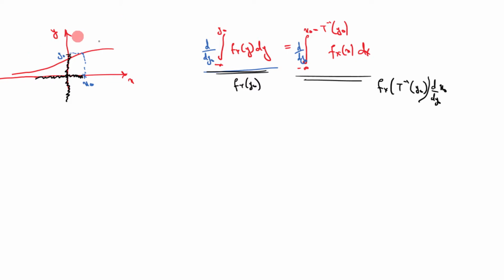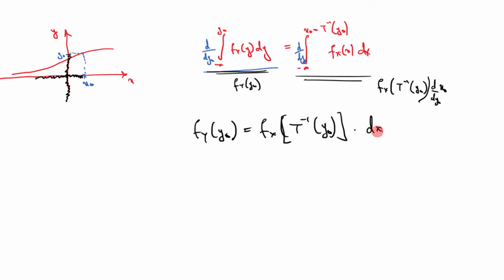So for this monotonically increasing transformation, this fy of y naught is equal to fx of t inverse of y naught into dx naught over dy naught. This is for this x naught and you have y naught here.